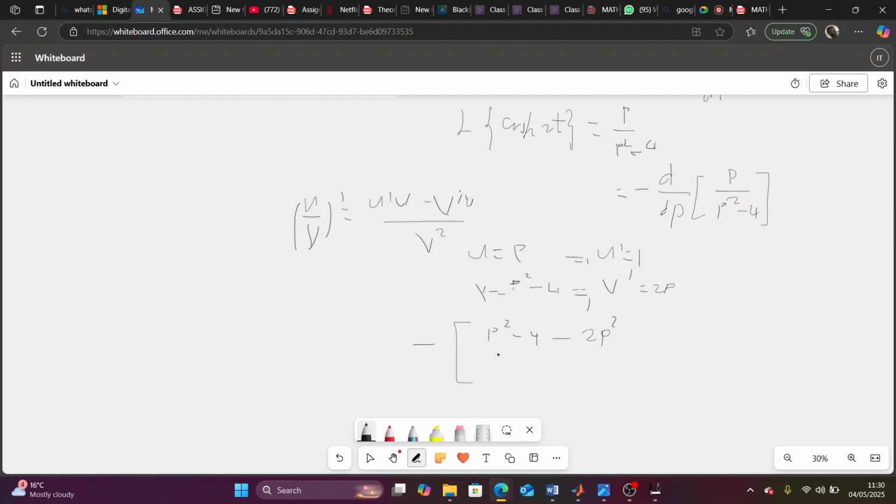What is v squared? v squared is simply (p squared minus 4) squared. Now we can simplify. Do you agree that minus 2p squared plus p squared is minus p squared? With the minus multiplying, we have p squared plus 4.